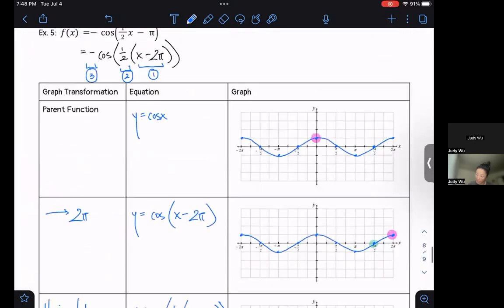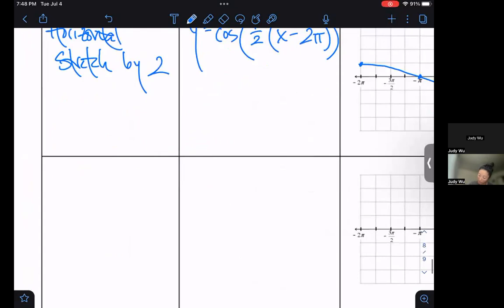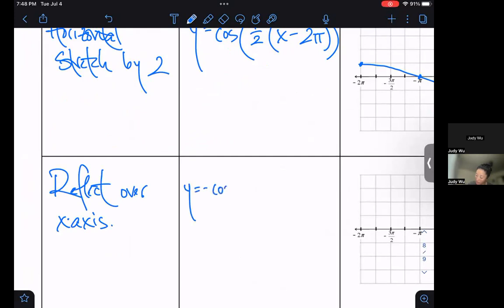All right, last thing, this negative here means I gotta multiply all my y values by -1. So that's gonna give me the reflection over the x-axis, right? So y equals negative cosine 1/2 x minus 2 pi.